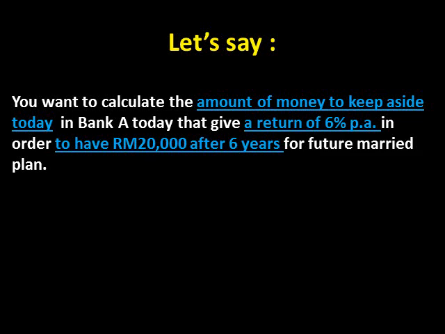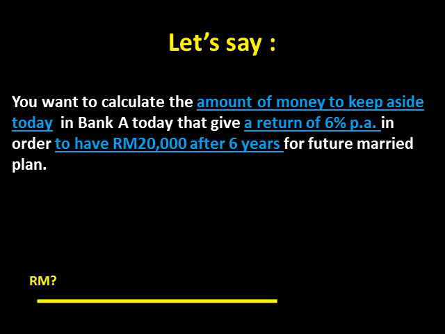So now we want to calculate how much money you need to save today in order to get 20,000 after 6 years, where you keep your money in bank A that gives a return of 6%. So this is the situation.